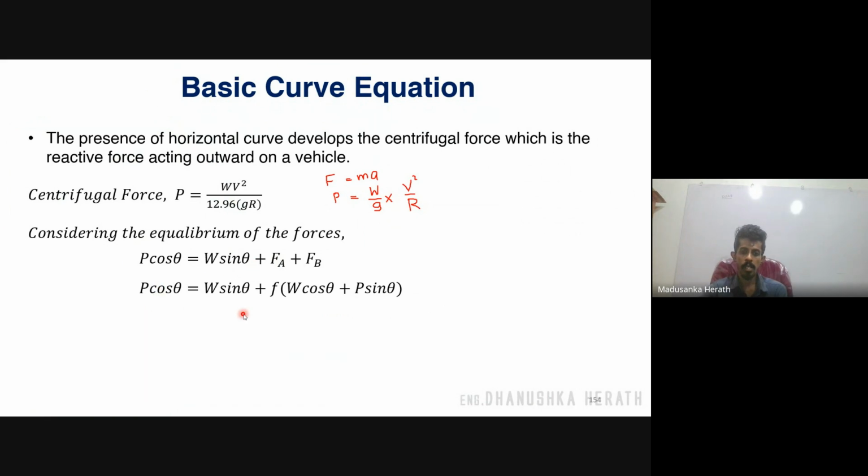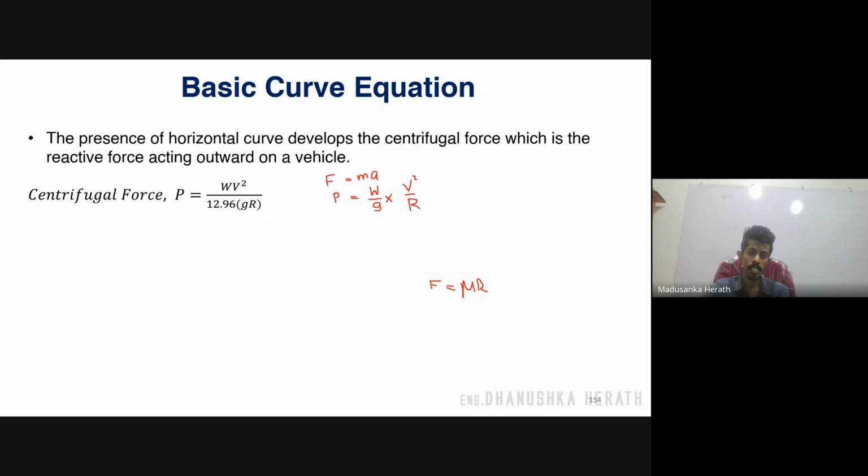In A levels we know that the frictional force is equal to mu times R, where mu is the coefficient of friction and R is the normal reaction.